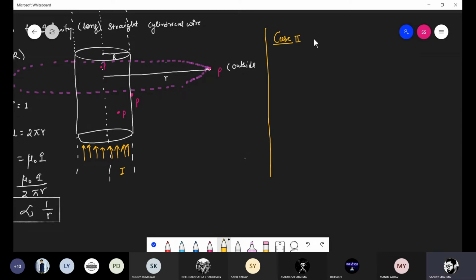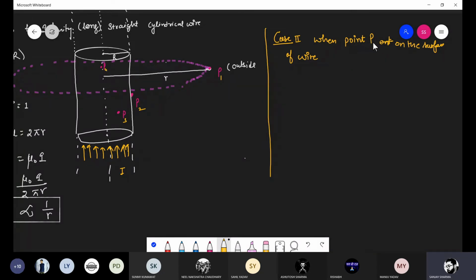Case number second here, when point P is on the surface of the wire, ठीक है, जस्ट सरफेस पर है. तो लेट्स से दिस इज P1 पॉइंट, this is P2 point, this is P3 point, and this is P4 point.